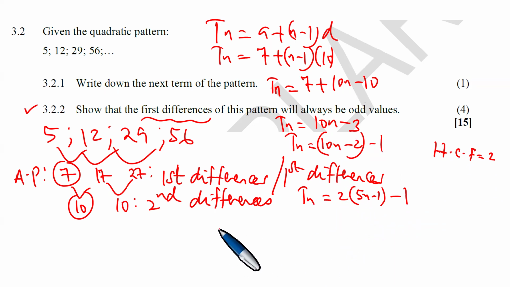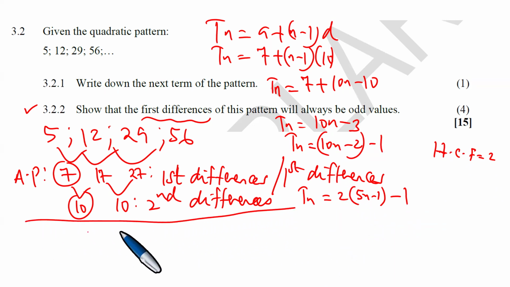Right. And what we're able to see is thus the 10n minus 2 is effectively equal to 2 open bracket 5n minus 1.